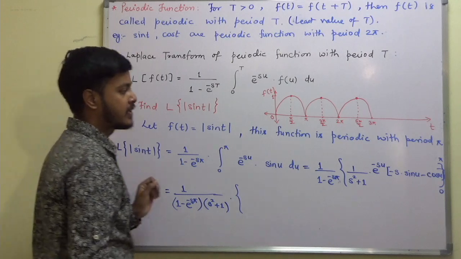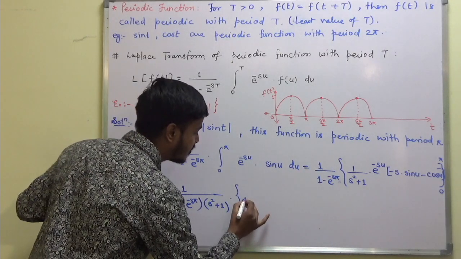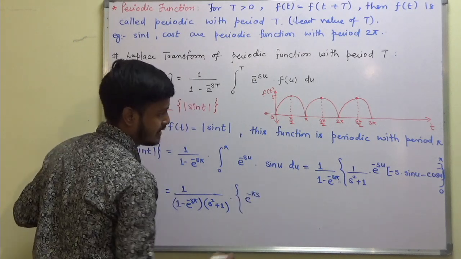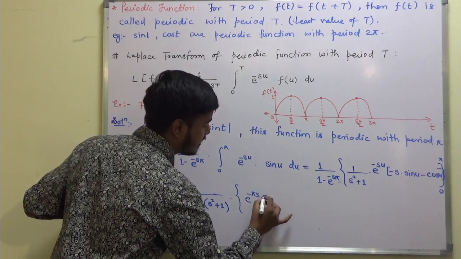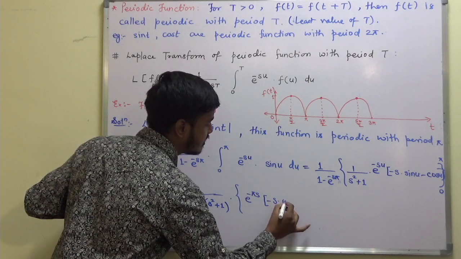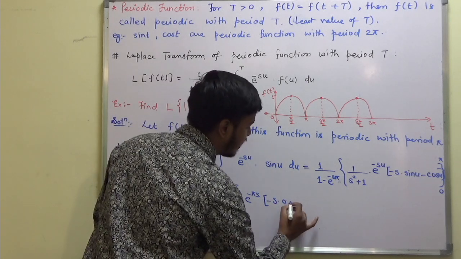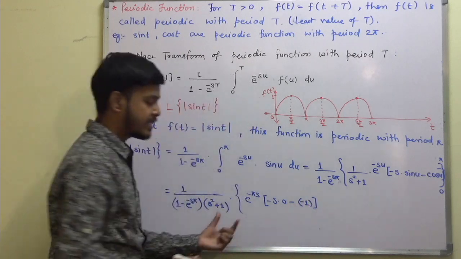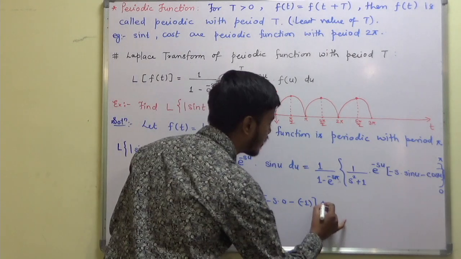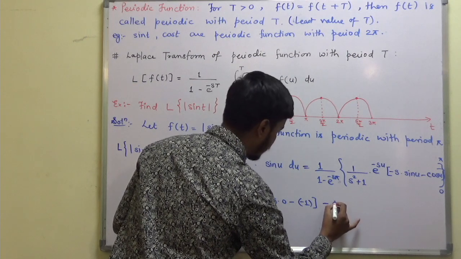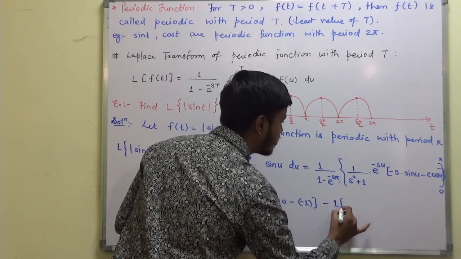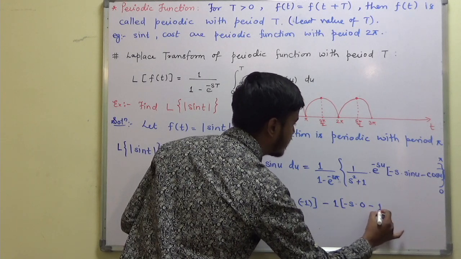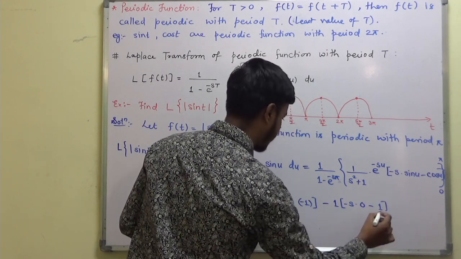When you apply the upper limit, it would be e to the power minus pi s, and sine pi is 0, so minus s into sine pi is 0, and what is cos pi? Cos pi is minus 1. This is just the upper limit minus the lower limit. e to the power 0 is 1, into minus s into sine 0 is 0, cos 0 is 1.